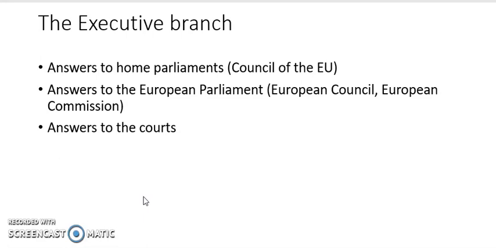And of course, the executive branch is also answerable to the courts, because the Court of the European Union has jurisdiction over interpretation of law and the settling of disputes.